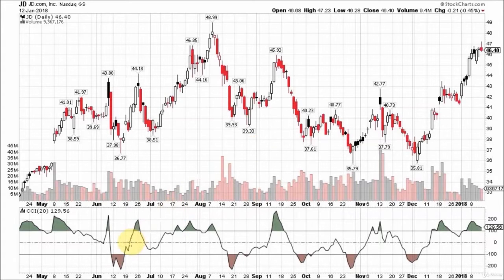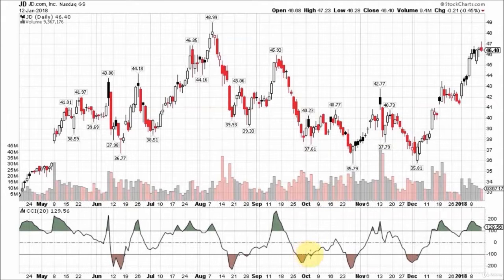On this chart right here, I see a number of different buy signals. Here's one here. There's another right here, a third, a fourth, and a fifth. Now, if you go back to the price action, and you had bought right here on the CCI buy signal, the price was about $38 and it ran to $44. On this buy signal right here, if you had bought in the $39 to $40 range, you would have made almost a $6 profit.